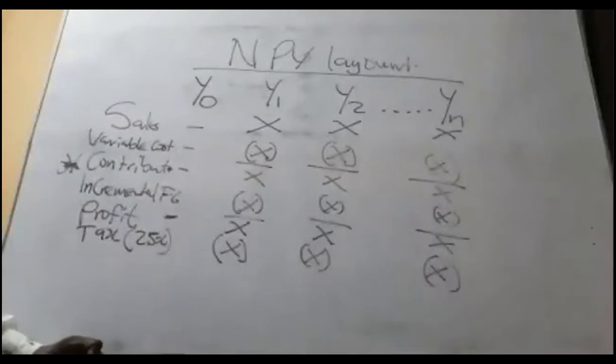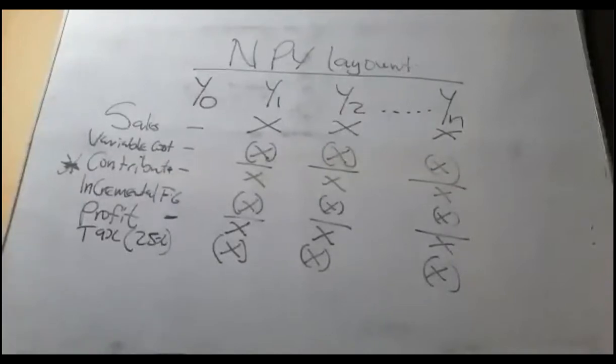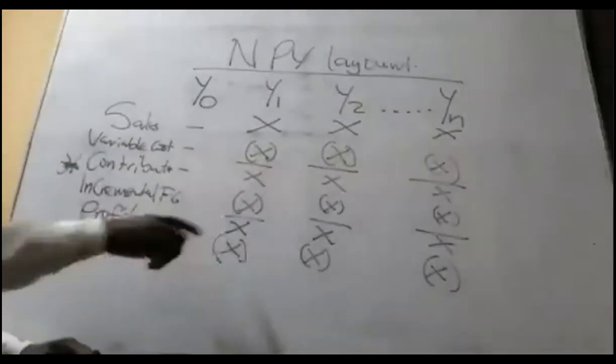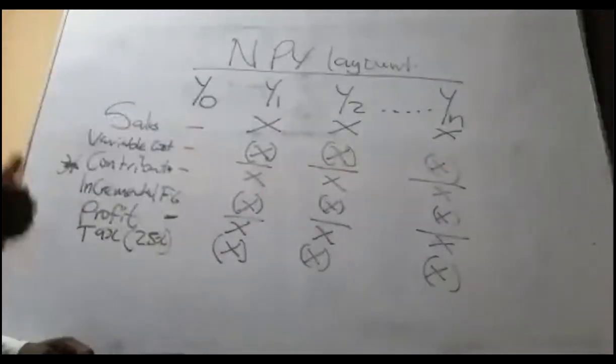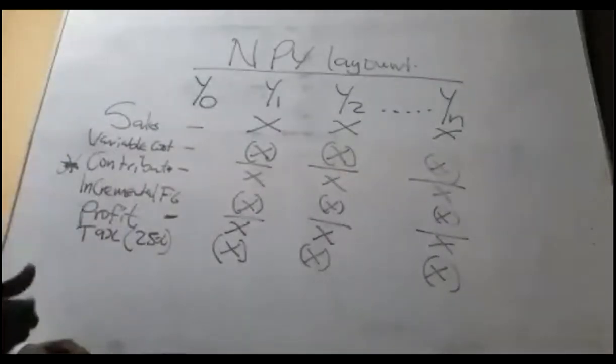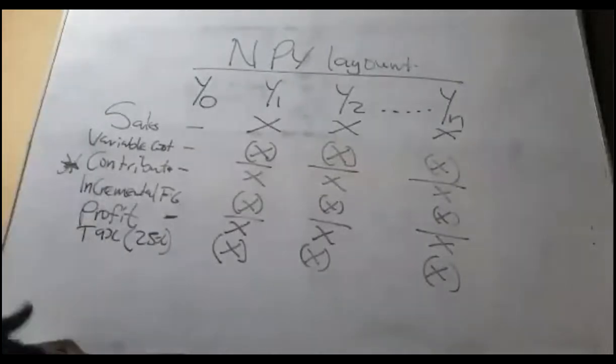Now, in some situations, we will inform you, and that's a real case, that year one tax will be paid in year two. That means tax is being paid one year in arrears. So the year one tax will be paid in year two, year two in year three, year three in year four, and year four in year five.